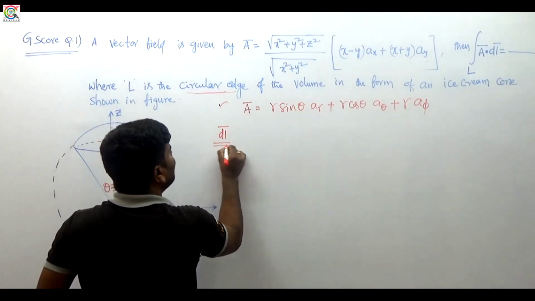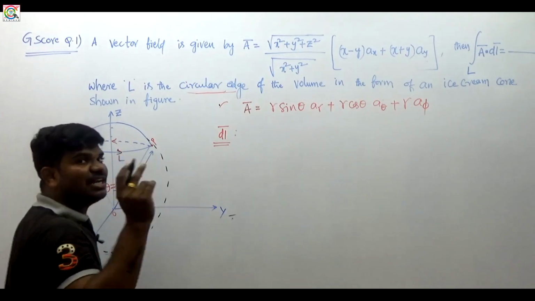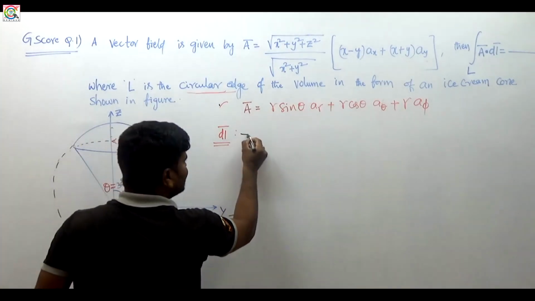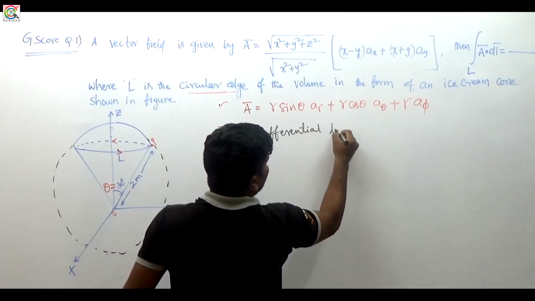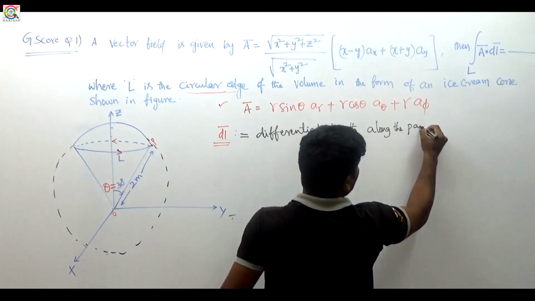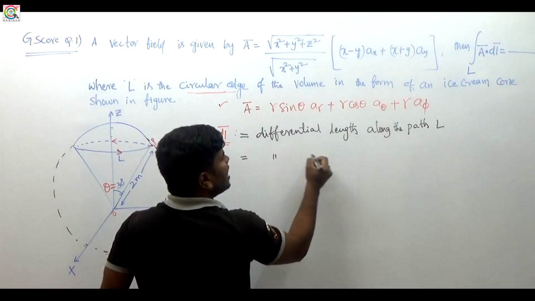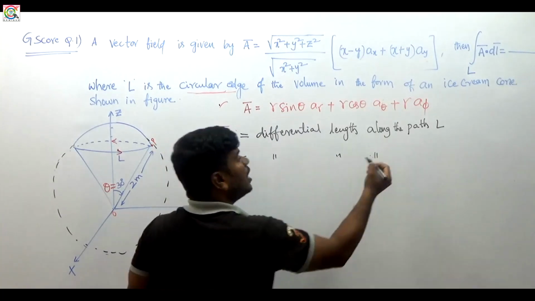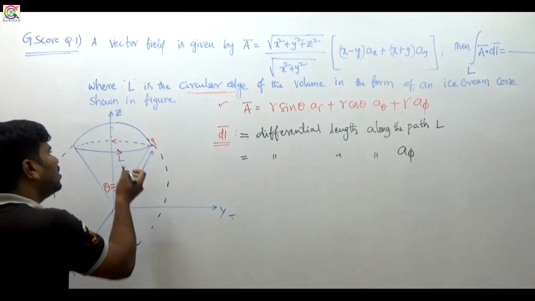How can I get the dl bar? The dl bar is the differential length along the path L. It is nothing but the differential length along the a_phi direction.